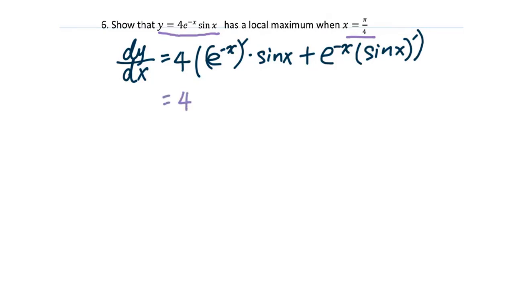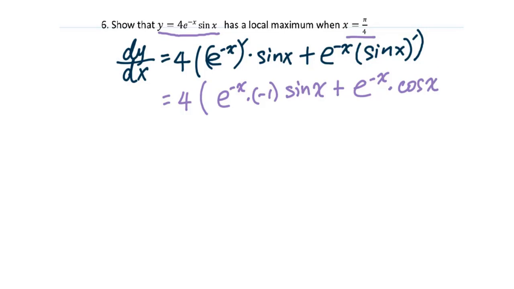So we organize, you will get the e to the negative x power times the -1 by chain rule, sine x, then plus e to the negative x. The derivative for sine x will be cosine x. Therefore, you will get the 4.